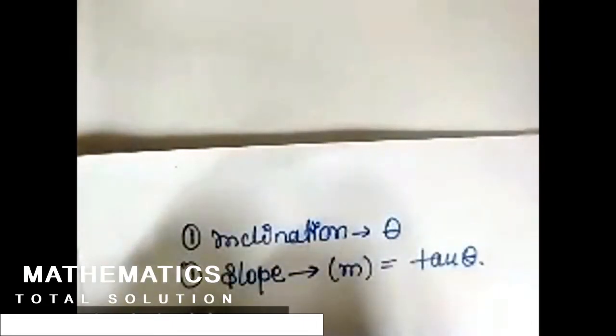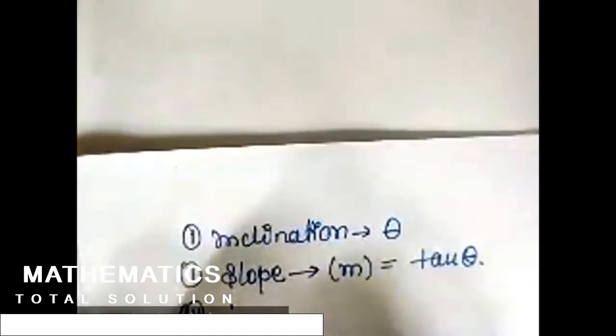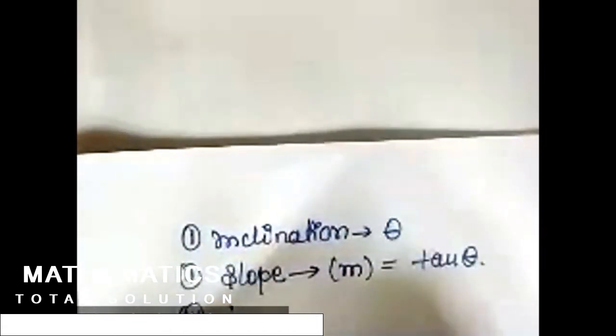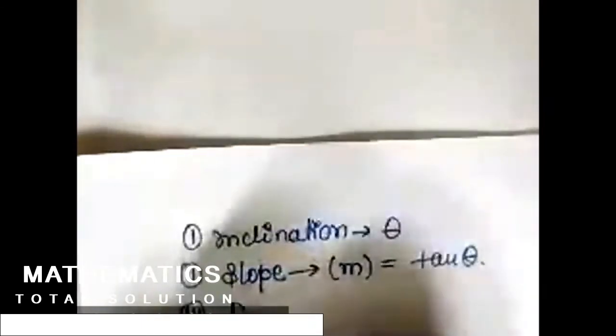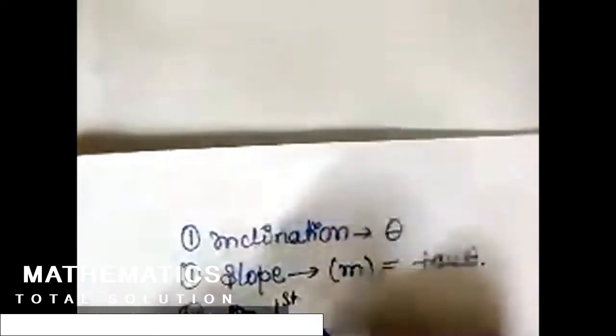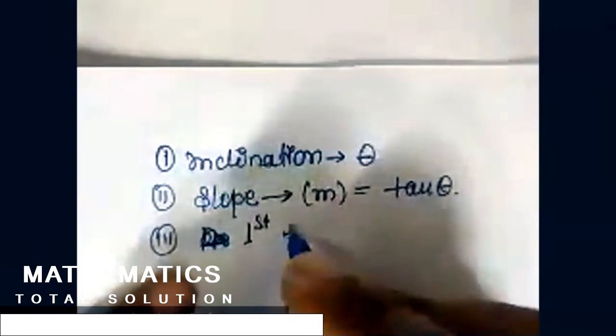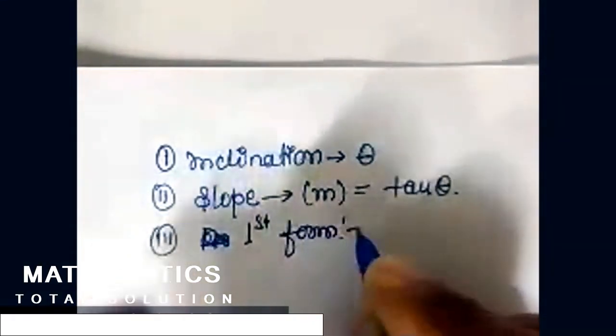Third, we discussed the equation of a line, and I told you what is the meaning when I say equation of a line. Now the first form, or you may call it first formula, for the equation of a line. What was it?